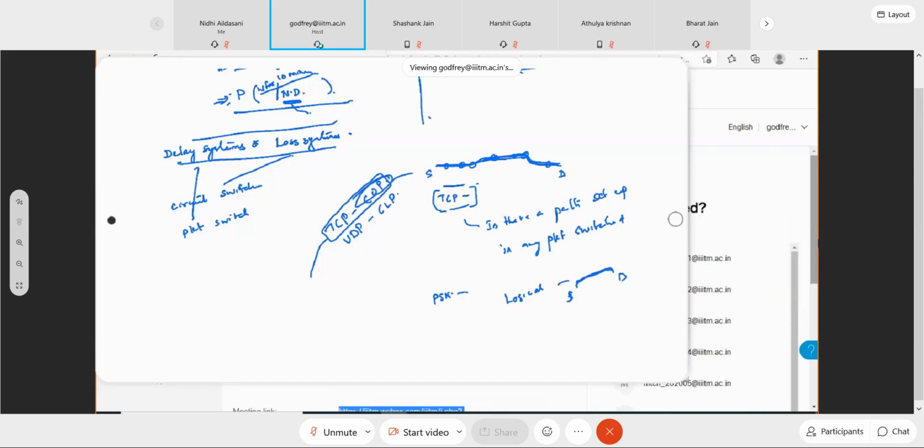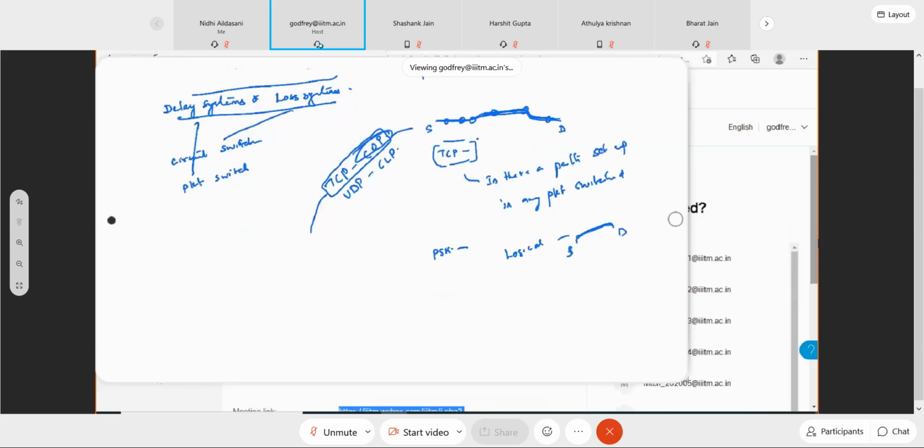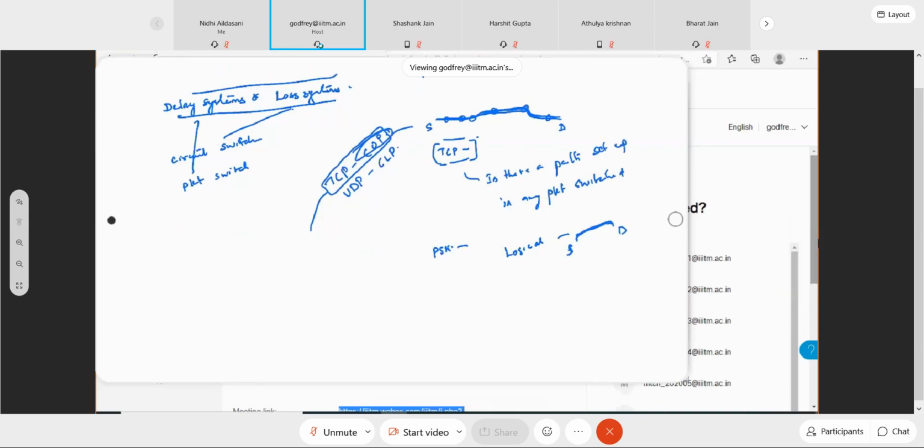So now, if you look at the delay systems, you basically talk about packet switching networks, right?